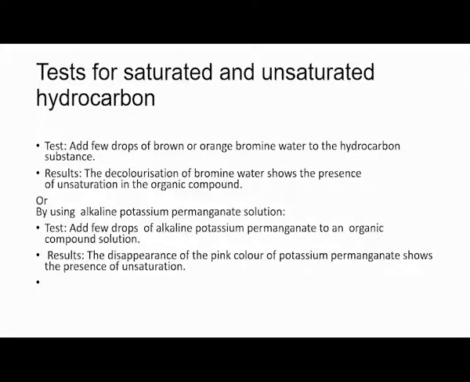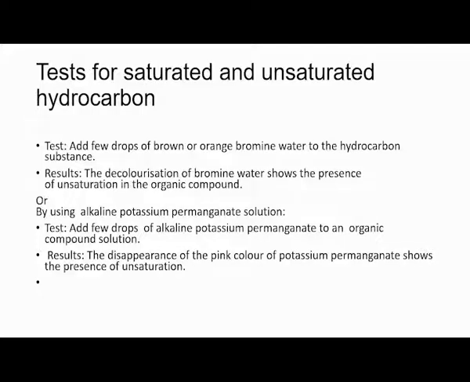Add a few drops of brown, please, the color of the substance must be indicated, it's either brown or orange, bromine water, to the hydrocarbon. If the color changes, then that should be an alkene, the unsaturated. If there is no color change at all, then these are alkanes because they are saturated, they don't react.